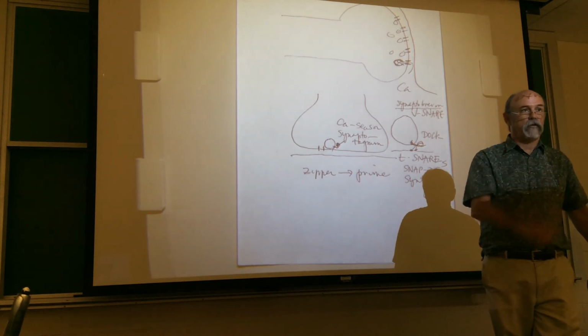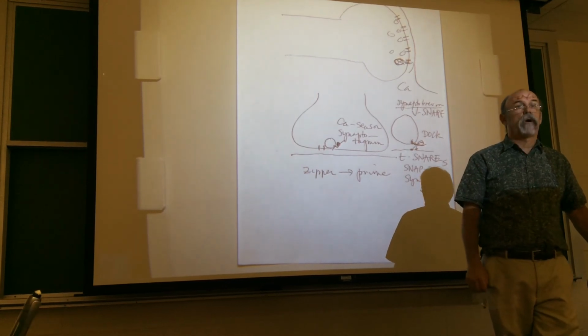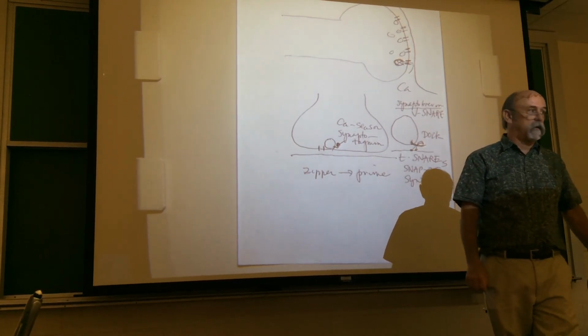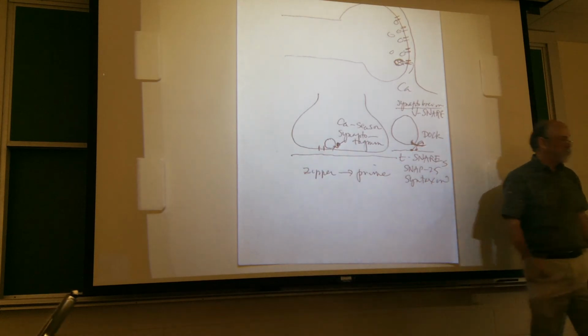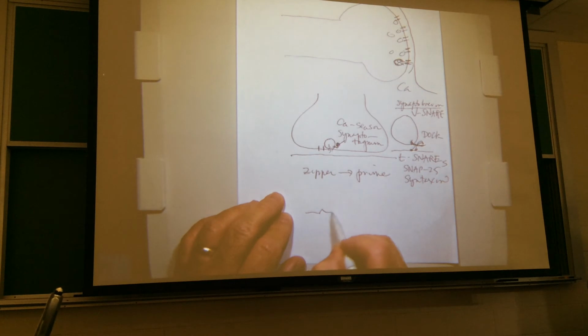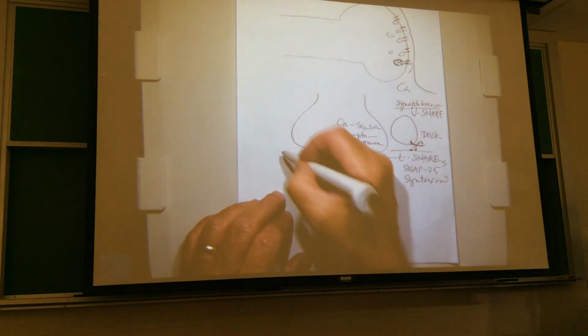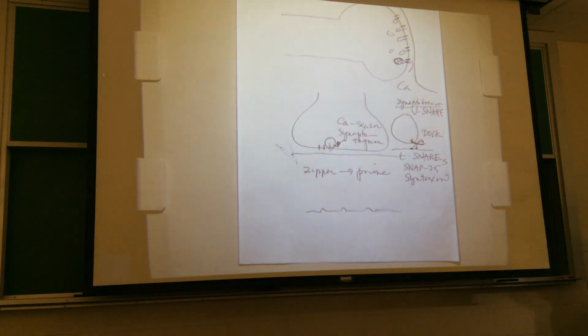Without calcium, do you get fusion? Yes, you do. Once in a while. Very rarely. When that happens, you get fusion. You get a little bit of neurotransmitter coming out, and you get a little blip. Remember these little blips that Bernard Katz saw? What do we call those? Those little blips are recording on this side. Okay, I'm out of ink. Of course I'm out of ink. It's an old pen.